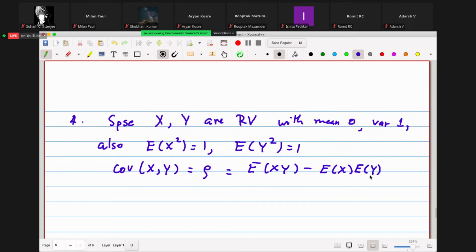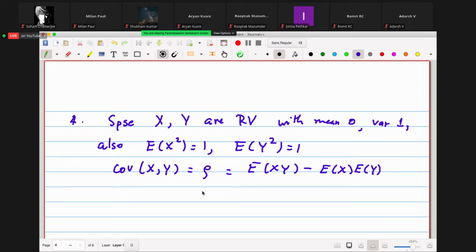If you recall, if x and y are independent discrete random variables, then E of xy would be equal to E of x E of y. That's also true for continuous random variables. We'll see that later. So covariance is given to you to be rho.